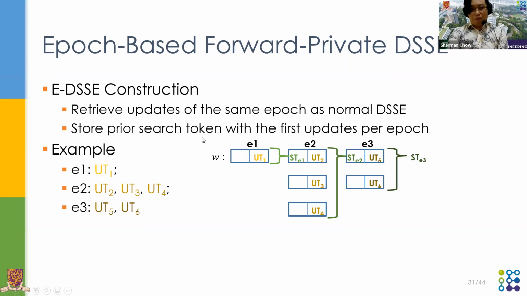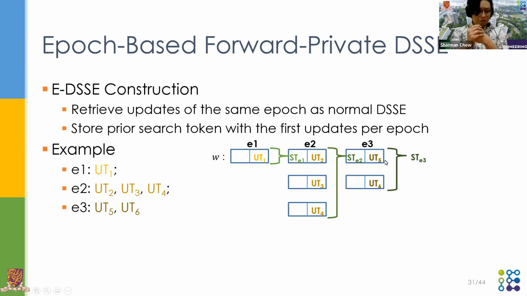this search token per epoch. So I store the previous search token with the first update per epoch. For example, that is the actual update I want to do, but I prepare before, in the sense that for all the updates which happened in the second epoch, I also put the search token for the previous epoch as my very first update, and so on and so forth.